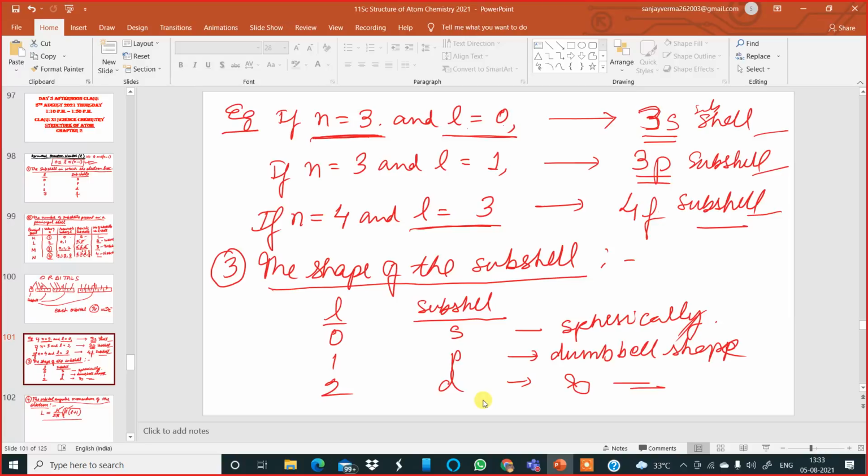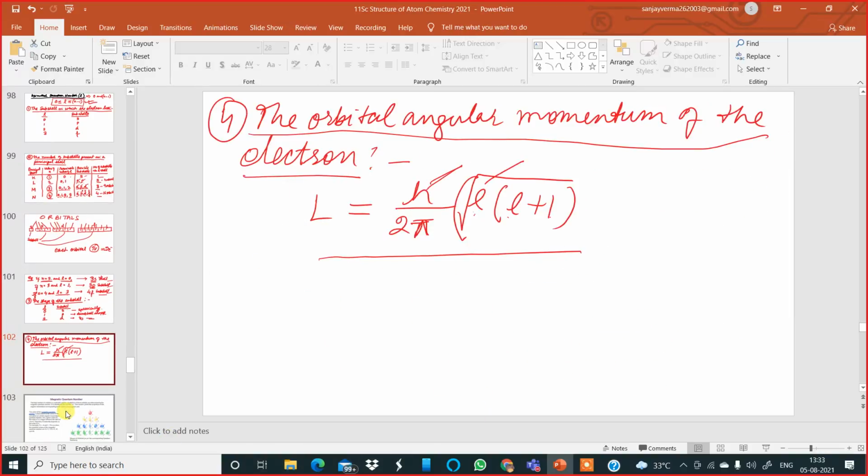Okay, now the next piece of information provided by the azimuthal quantum number is called the orbital angular momentum of the electron, and I want you all to learn this formula. Please learn this formula. L is equal to h by 2 pi, open the bracket, under root l, open the bracket, l plus 1, close the bracket.